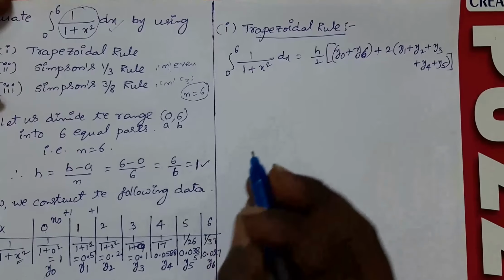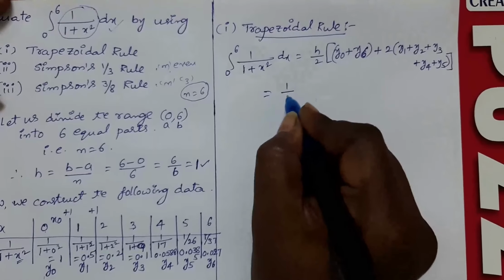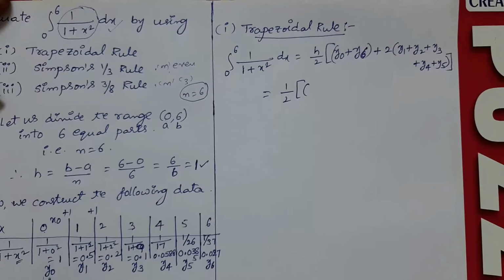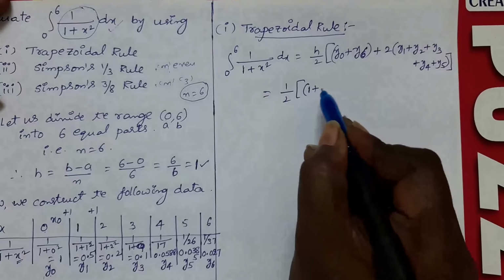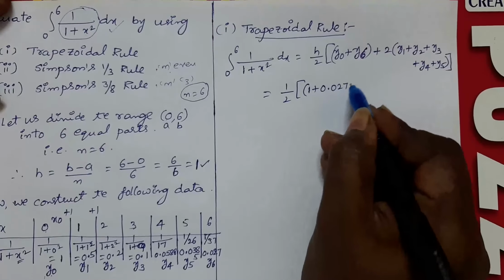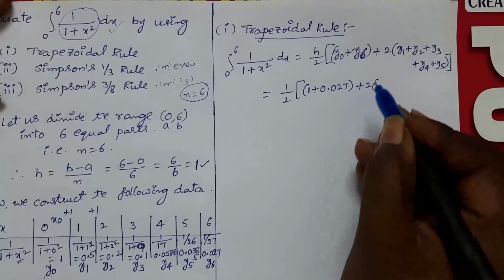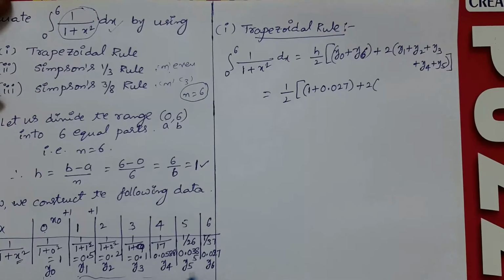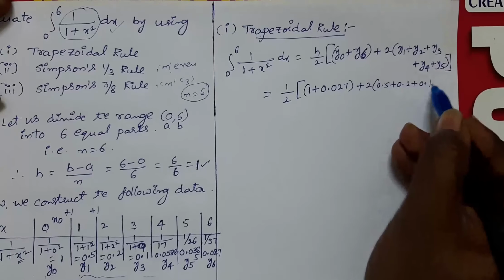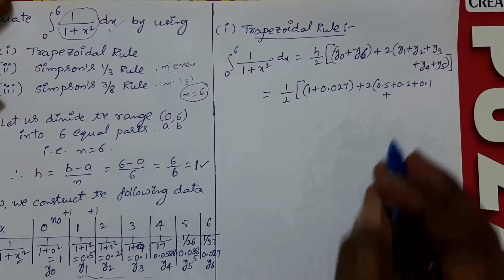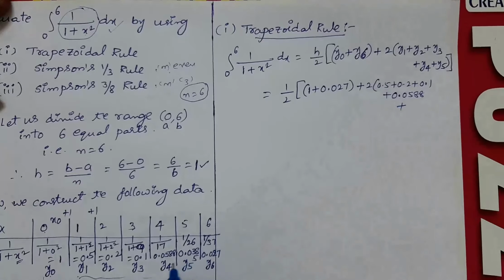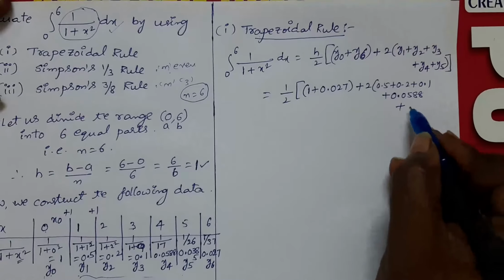So h by 2 is nothing but 1 by 2 whole into, what is y0? Look here, y0 is 1, plus the last functioning value 0.027, plus 2 times of the sum of the remaining terms: 0.5 plus 0.2 plus 0.1 plus, what is y4? 0.0588 plus 0.0385.